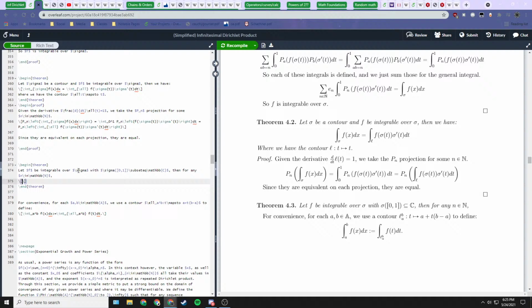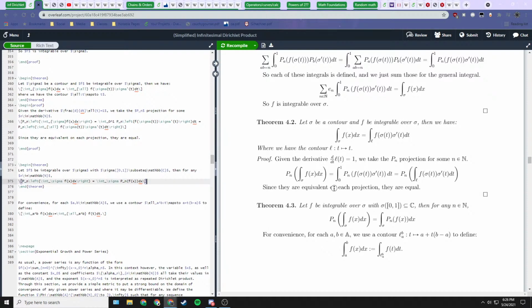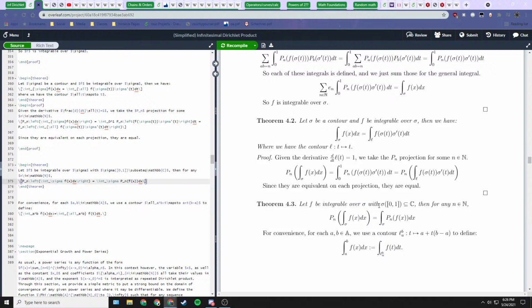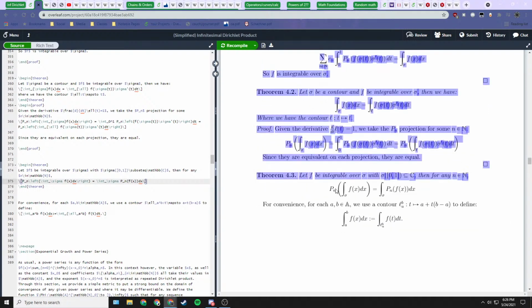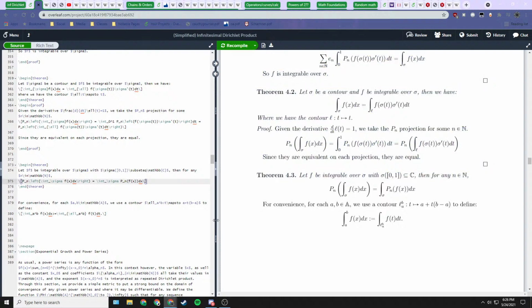Okay, nice. Okay, yeah, so our next is if f is integrable over a complex path, then for each projection, the projection of the integral is just the integral of the projection.